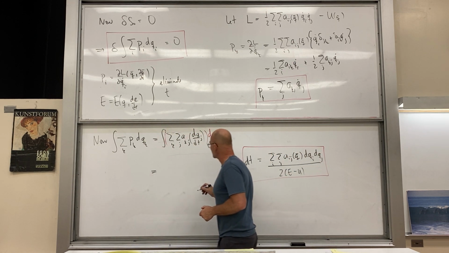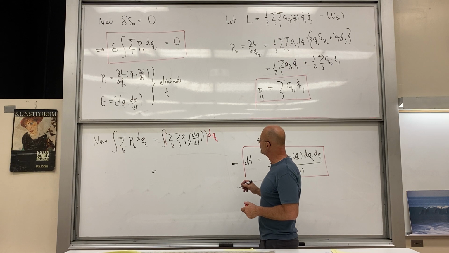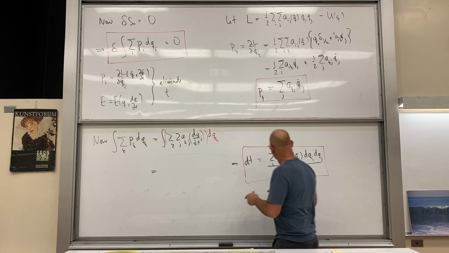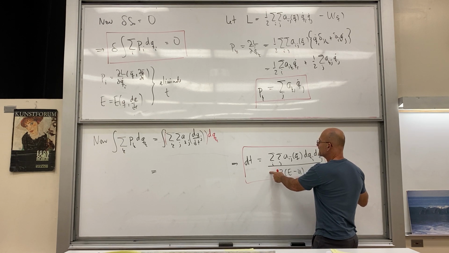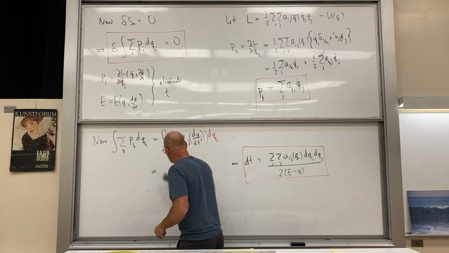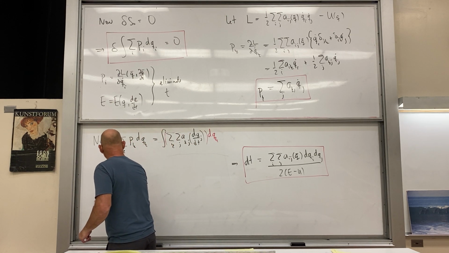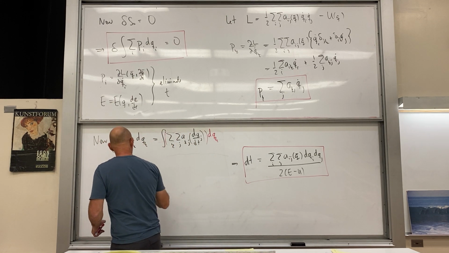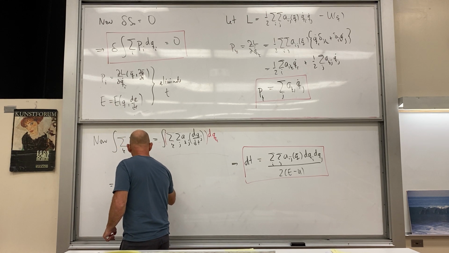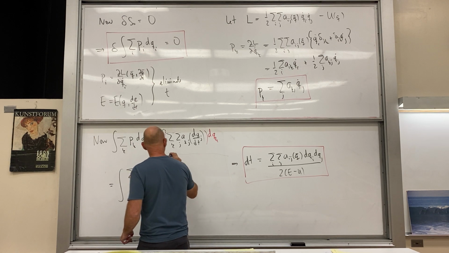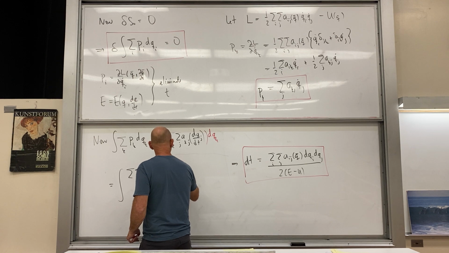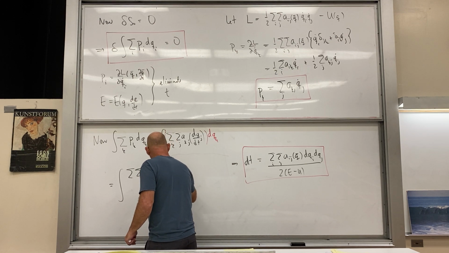Now watch this. So we've got an integral over that double sum. We have a single dt right here, and that's where this thing comes in. So this one I'm going to write pretty large. Equals integral. We've got a double sum a_kj dq_k dq_j, I'm going to go ahead and reverse the order.